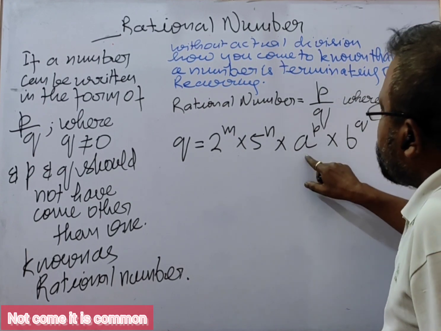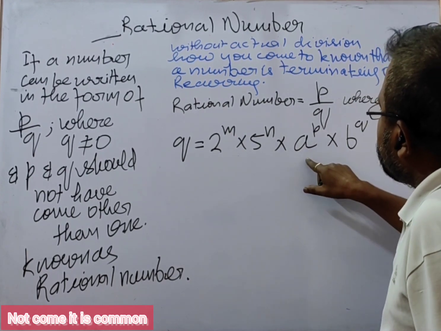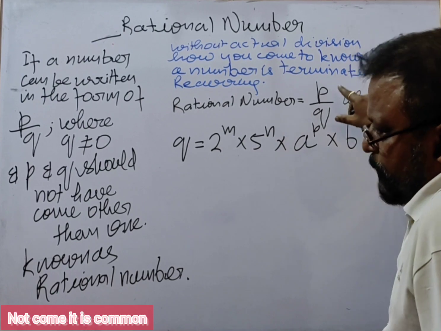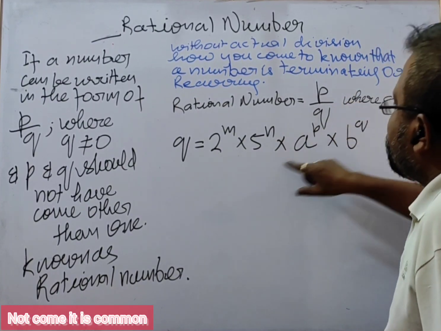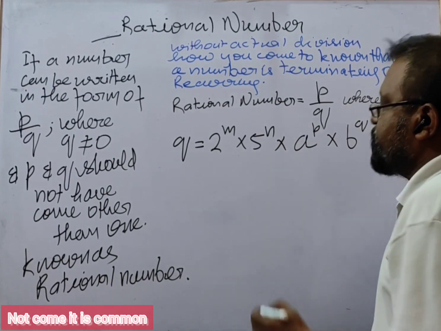A is any number, and its power is any number, right? Then what happens?